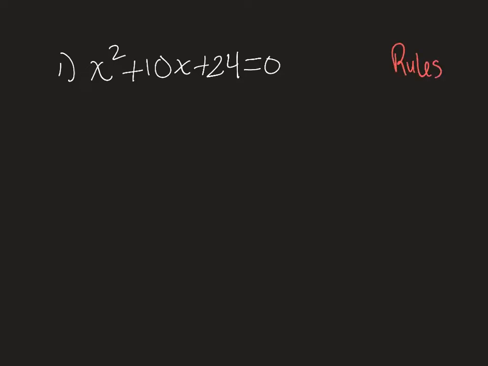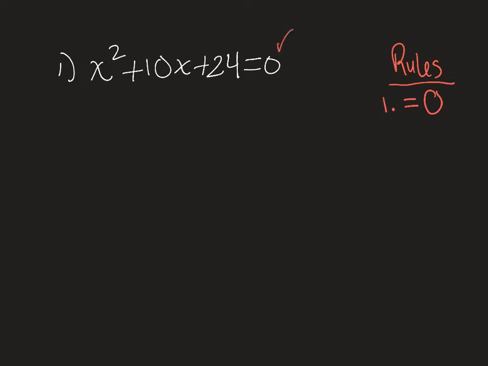Number 1 says that we have x squared plus 10x plus 24 equals 0. On the side over here, I'm going to write down some rules so that we remember them. Number 1, it needs to equal 0.